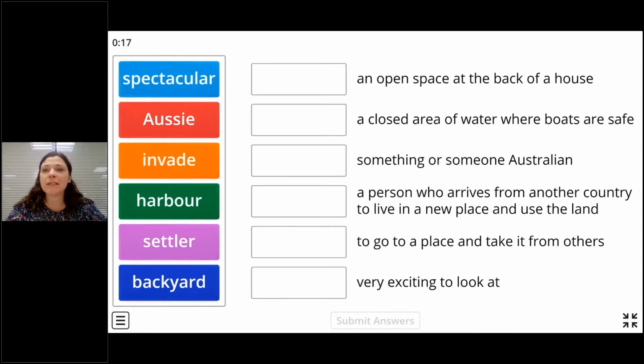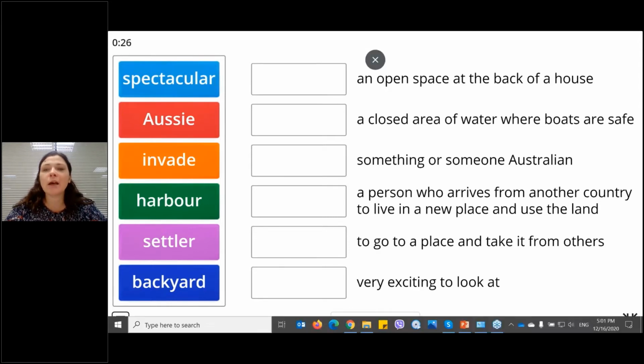An open space at the back of a house, a closed area of water where birds are safe, something or someone Australian, a person who arrives from another country to live in a new place and use the land, to go to a place and take it from others, very exciting to look at.